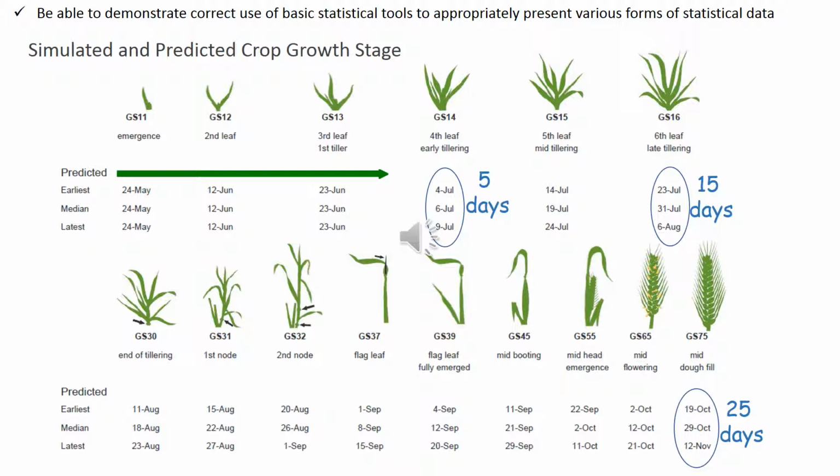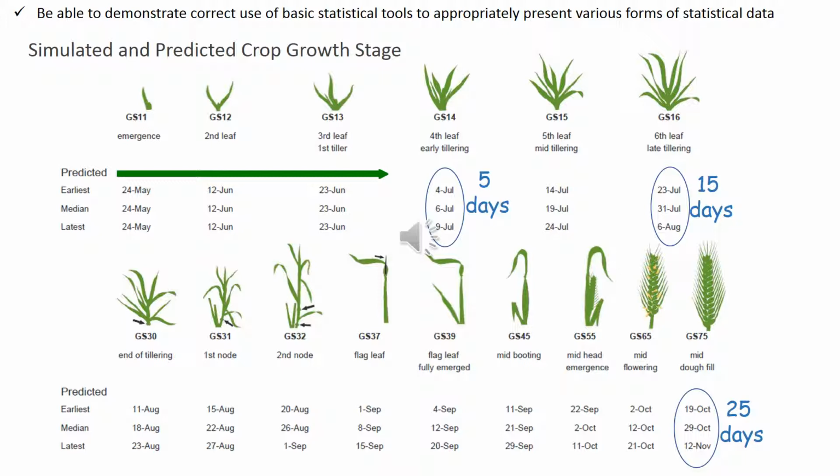Within these probabilities, we only have a 5-day spread, so it's less than a week from our earliest to our latest tillering stage. Later on, towards the end of July and August, at our 6th leaf stage, we have a 15-day spread. So we have greater variance in our predicted possibilities or probabilities.